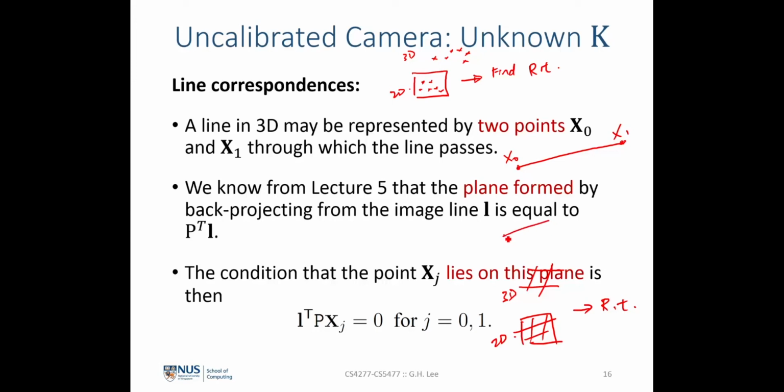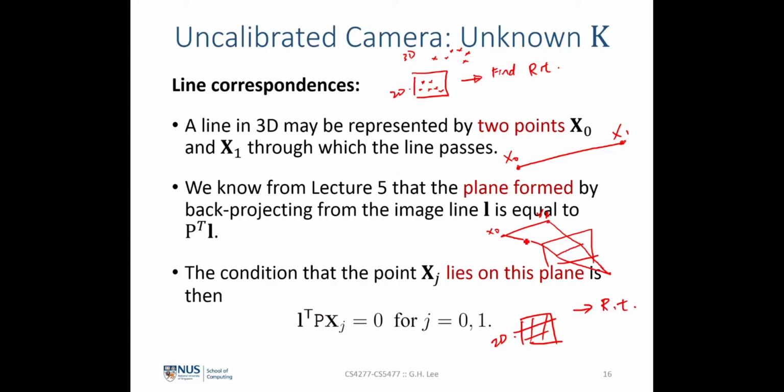So suppose that this is my 3D line, x0, x1, and we have an image plane over here. At this image plane, it corresponds to a projection of this 3D line on the image plane. And we know that this particular 2D line, or this particular image projection, back projects to become a plane in the 3D space.